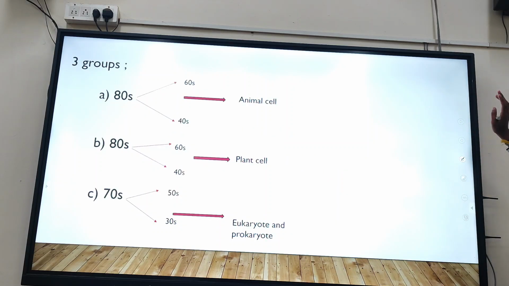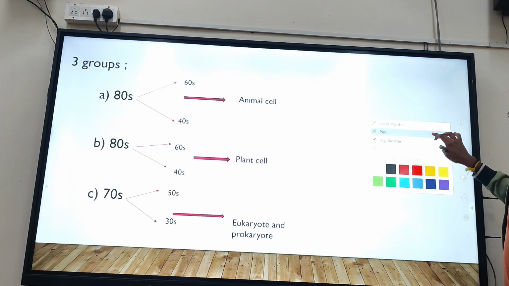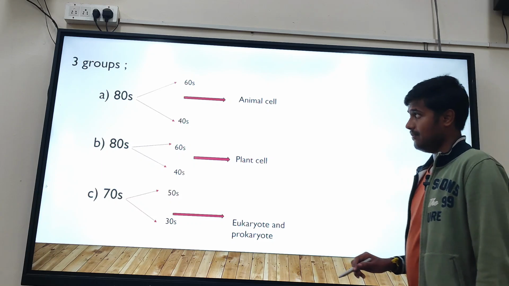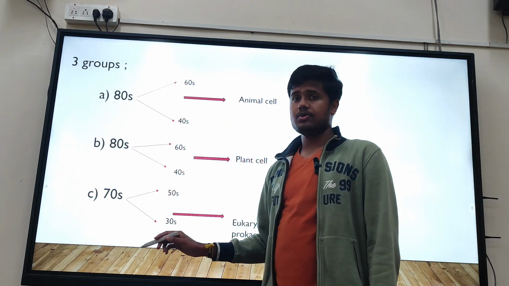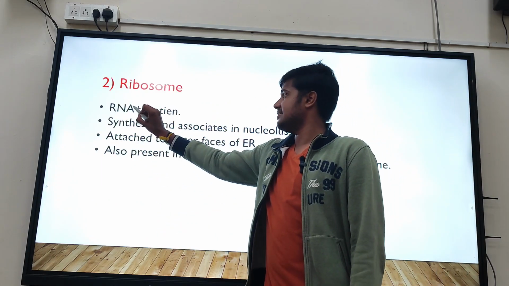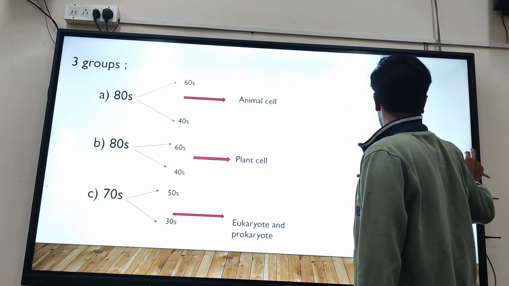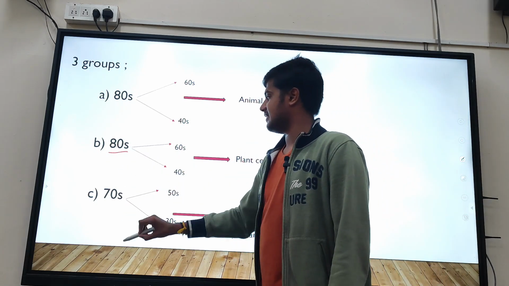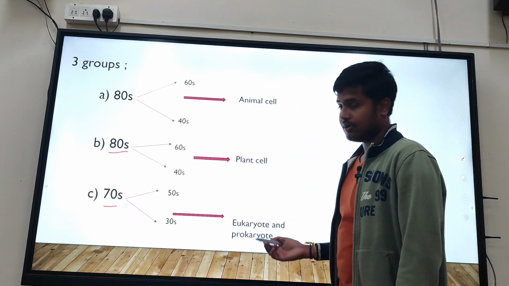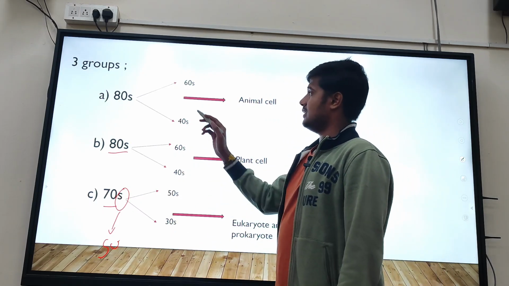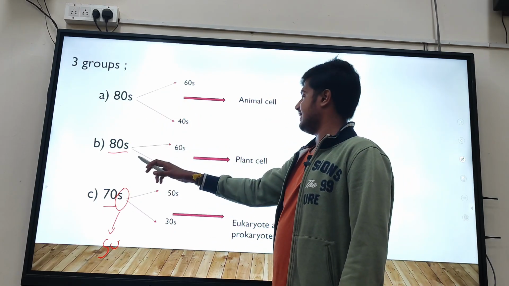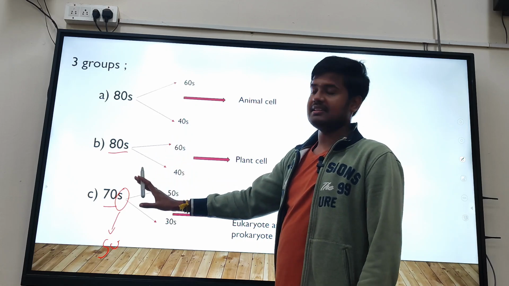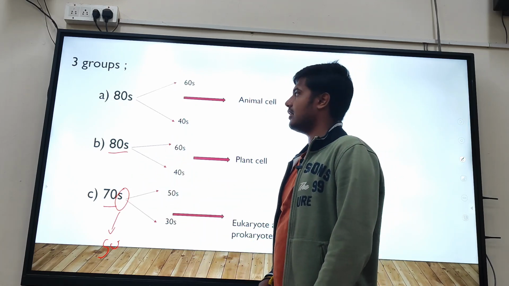Let's see the groups of ribosome. There are three groups of ribosome: 80S in animal cells, 80S in plant cells, and 70S in prokaryotes.